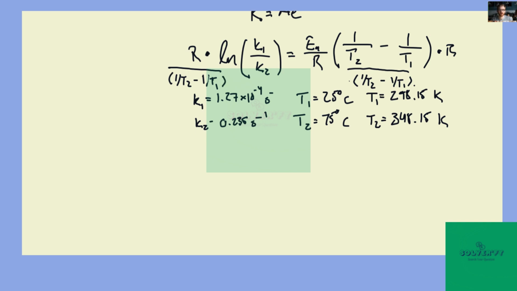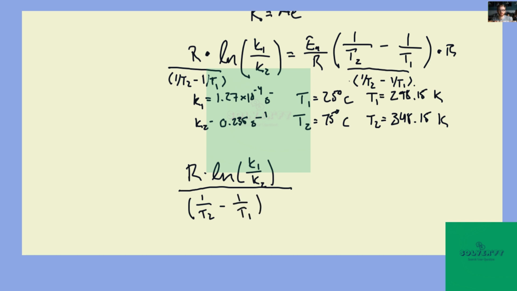Okay. So I will get on the left-hand side R times ln k1 over k2, and the denominator will be 1 over T2 minus 1 over T1. And that'll all be equal to the activation energy.